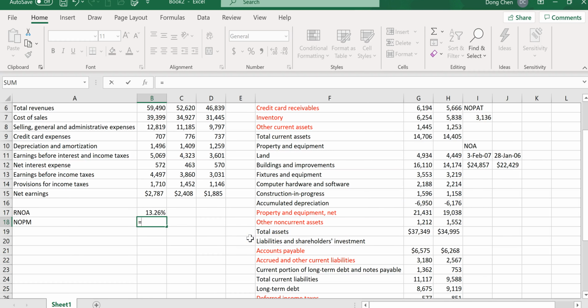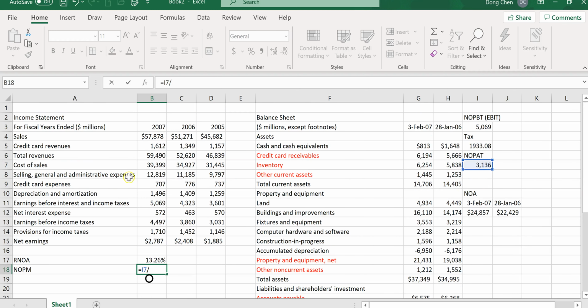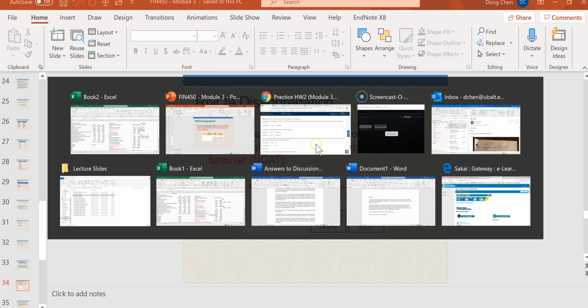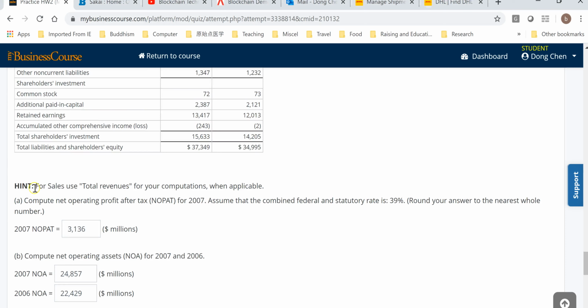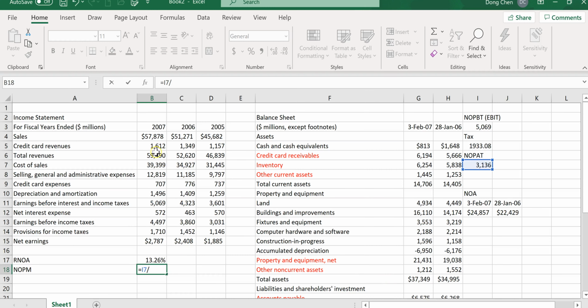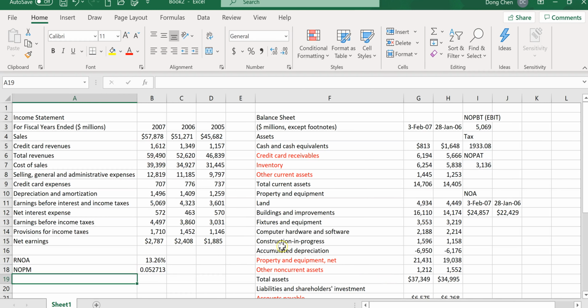So NOPM is the NOPAT divided by, remember, the total revenue. If we pay attention to this hint for sales, use total revenues for your computations when applicable. So we need to use the total revenue rather than simply the sales. Yes, and that's my NOPM.